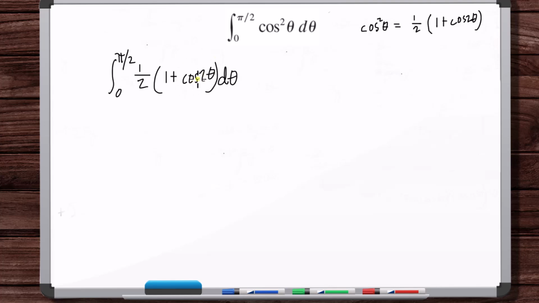But with integration, if we can get this by itself, then it's easy to integrate. So we could separate this into two separate integrals.